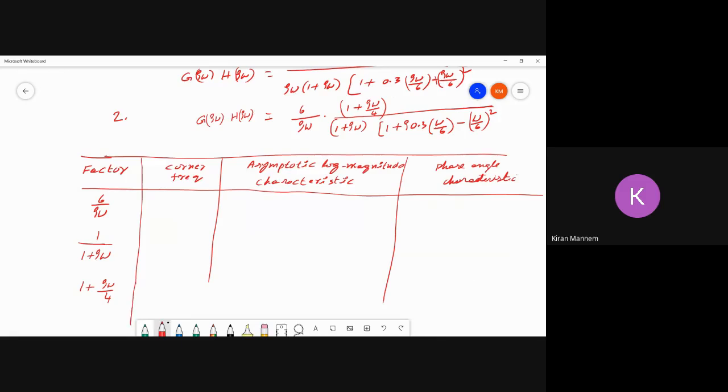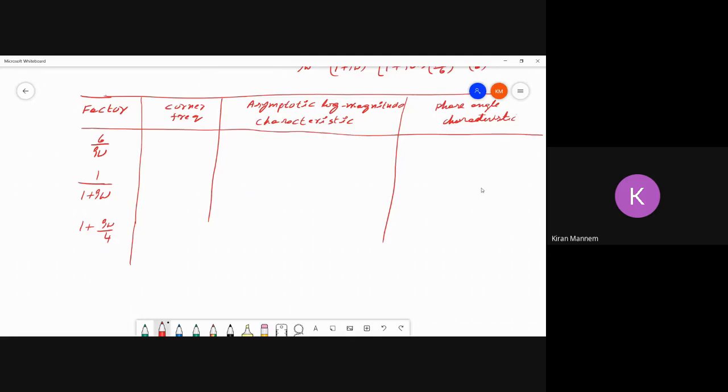The last one, 1 by 1 plus j 0.3 into omega by 6 minus omega by 6 whole square. Right?